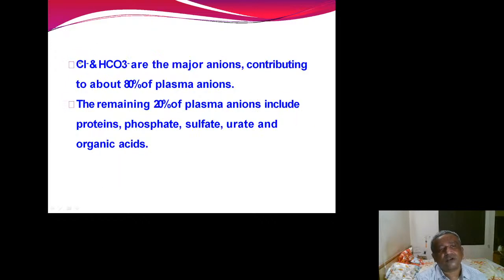Chloride and bicarb constitute 80% of the plasma anions, and the remaining 20% is because of proteins, phosphates, sulfates, urates and organic anions. So in some acidosis, this 20% is high and therefore we call it a high anion gap acidosis.